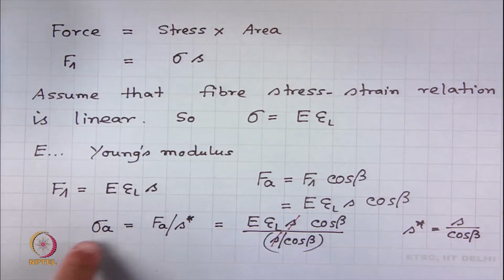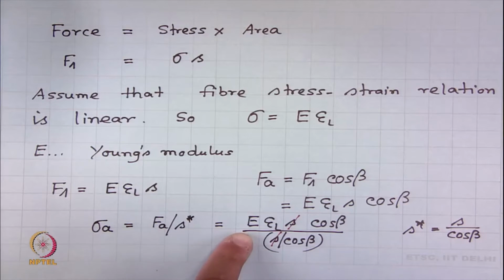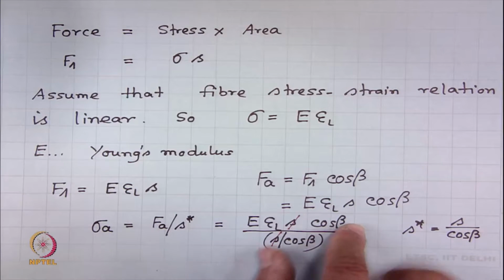So, sigma subscript A is equal to E, Young's modulus, epsilon L, fiber strain, into cos square beta, where beta is the twist angle.